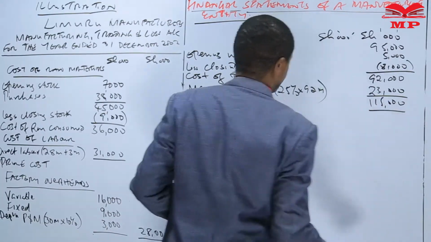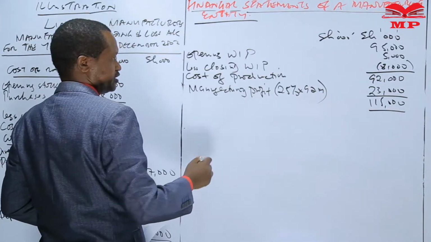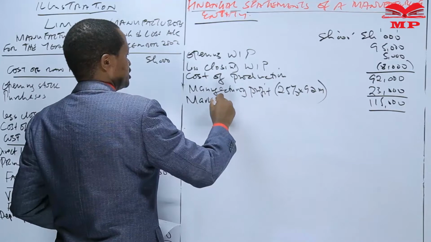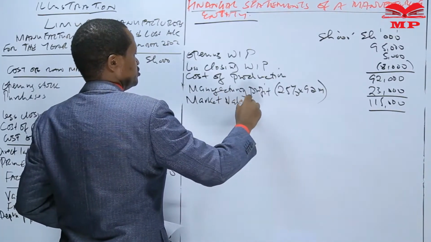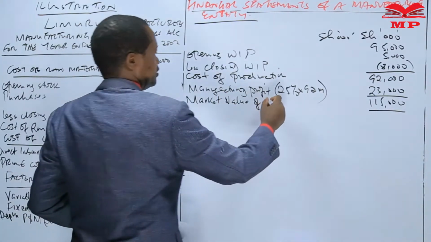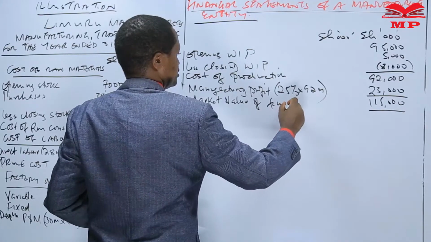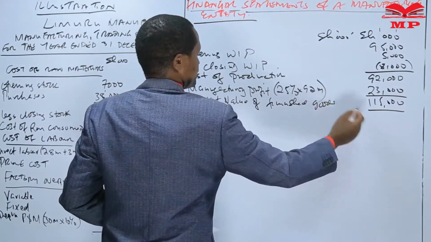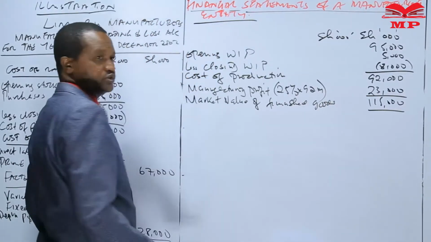Now this 115 is what we were referring to as the market value of finished goods.